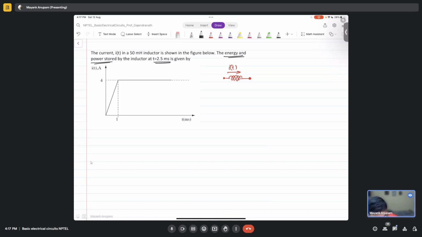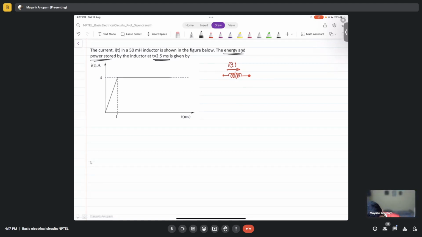So what is the energy stored by the inductor if it is carrying a current I? Half L I square. Yes, all right.